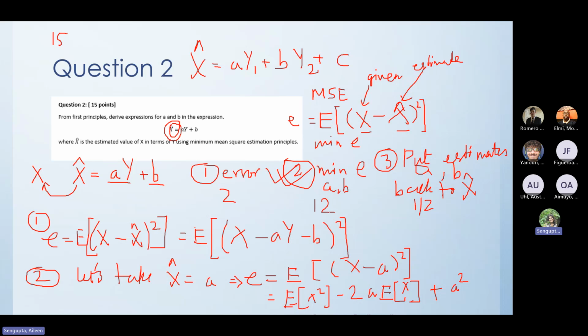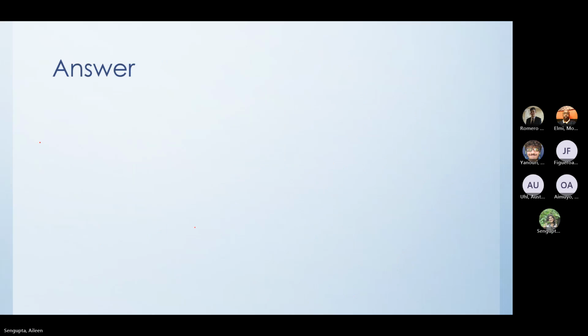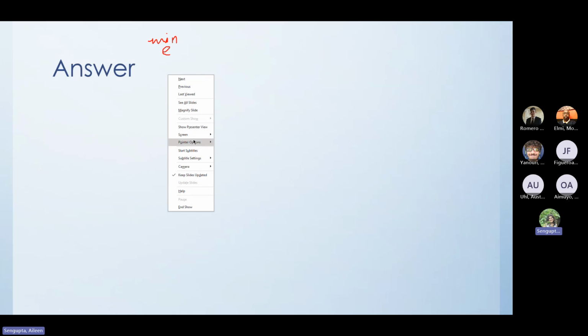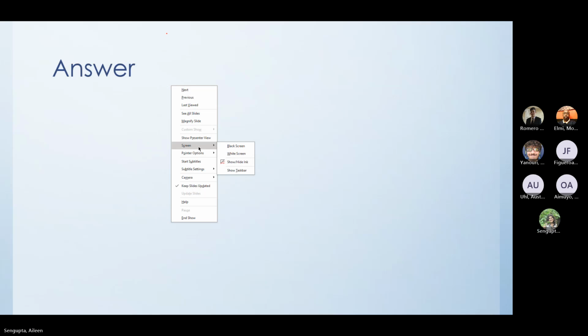Going forward, you try to minimize this equation in just a. So you are trying to minimize the error. Let's write it a little bit differently: minimize the error with respect to a.